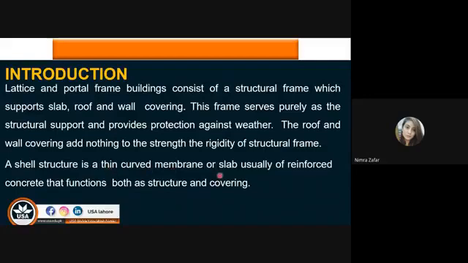It is thin and the strength is provided with the help of reinforced concrete that functions both as structure and covering. So there are no separate walls or no separate roof. There is a single curve which acts as a roof as well as wall, and it plays the function of both providing the structural support and providing the exterior covering.